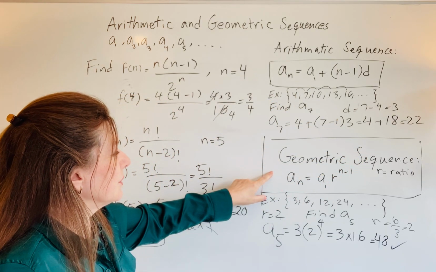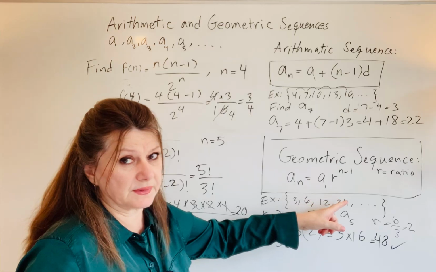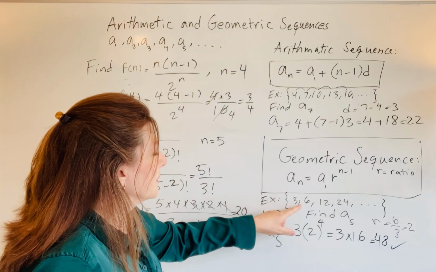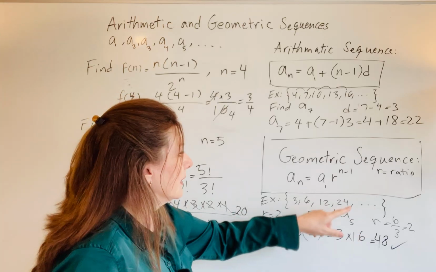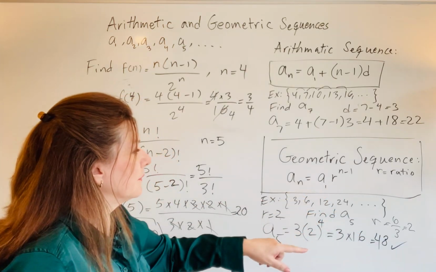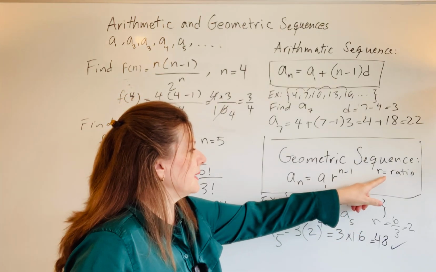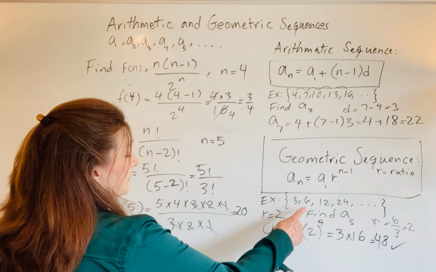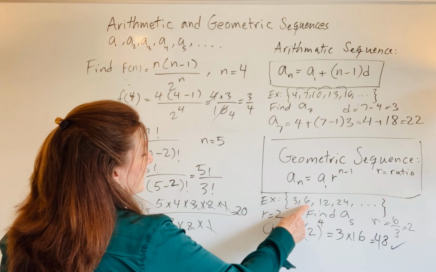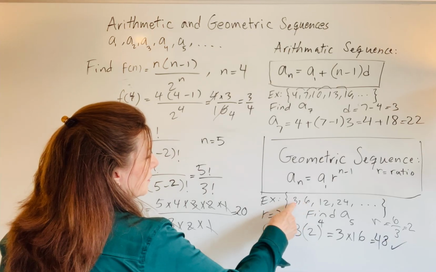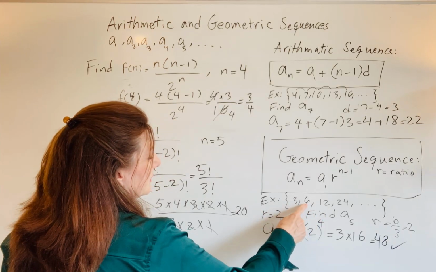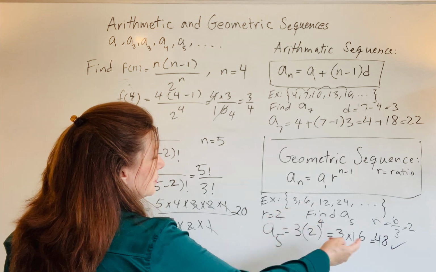But a geometric sequence is multiplication by something. Any term multiplied by something gets the next one, and so on. From this formula, we can find the ratio, which is the ratio of any two subsequent numbers. 6 over 3 gets 2, 12 divided by 6 gets 2, and so on.